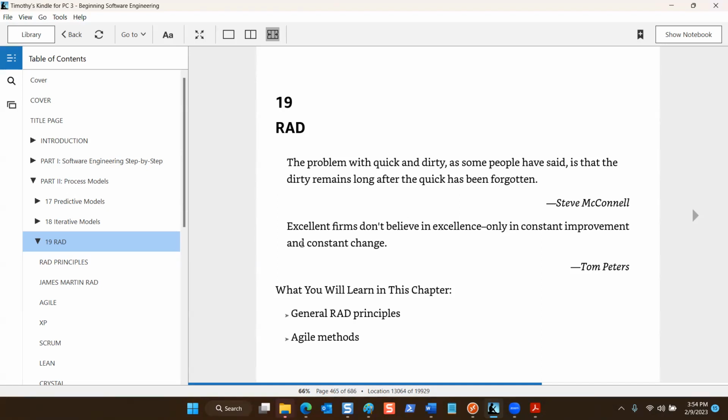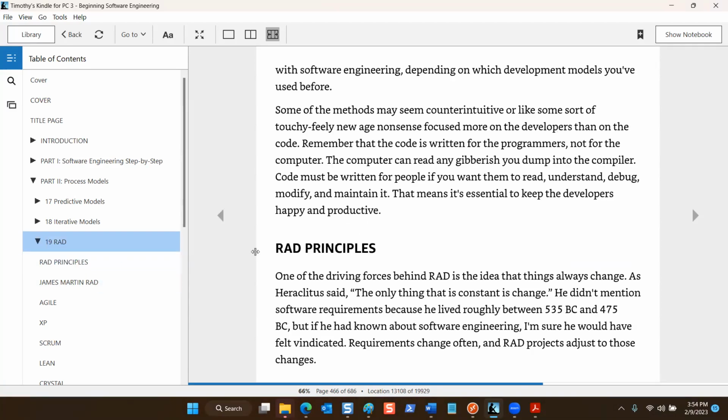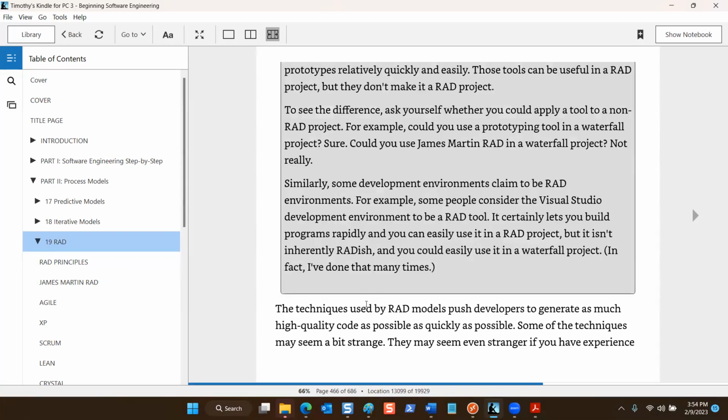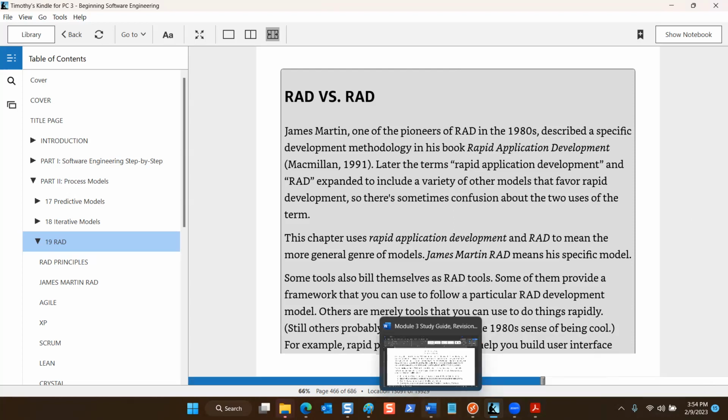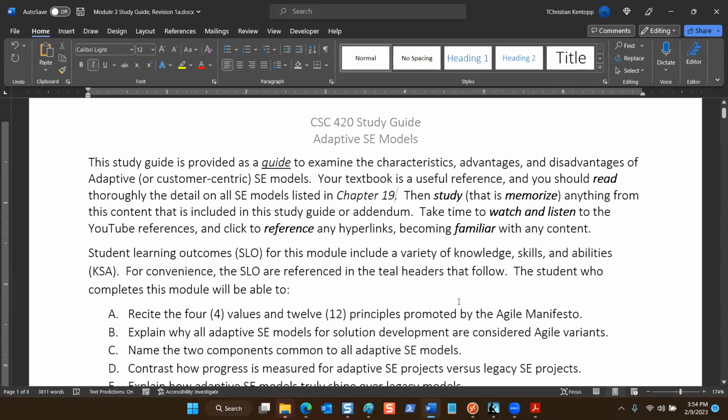We're talking about James Martin RAD and how rapid application development is adaptive, right? So this is one distinction between one subject matter expert and another, and I do expect you to understand the difference there. We touched on this briefly in module 1, I think. Yes? I believe so. Yeah.